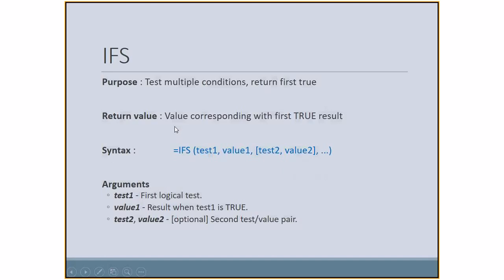So you do the first logical test, and the result, value 1, will be the result if the test is true. Typically, this can act as if you only provide 1, but you can provide 2. If this is true, show this value, otherwise show another one. I myself rarely use this, but it's there for you to use.